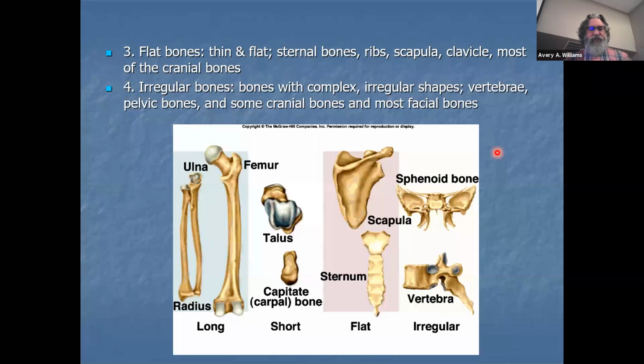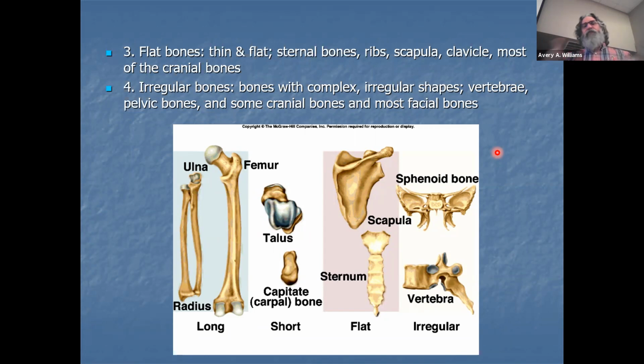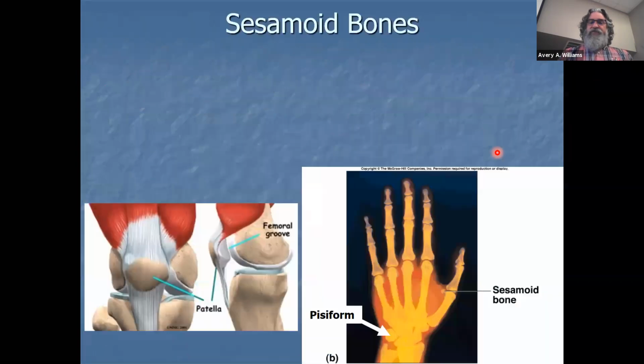The bones of the pelvis, and then the other cranial bones and some of the facial bones. Those are, of course, bones of the skull. They're considered irregular bones. And we'll identify them when we come across them, okay?